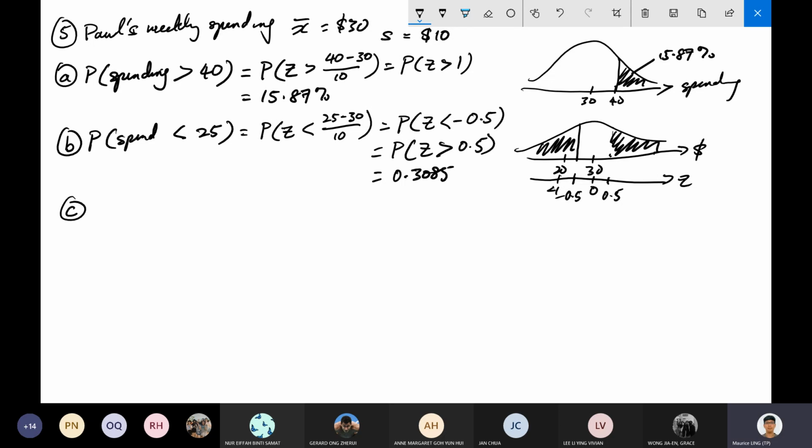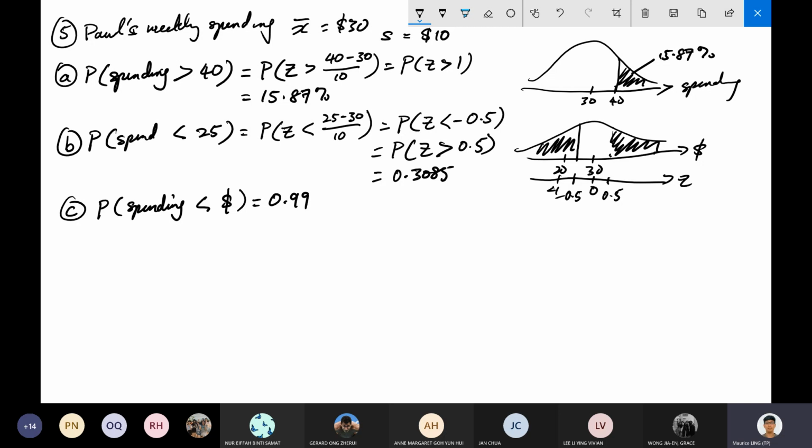Question C is then similar. What is the least amount that he needs to set aside so that he's 99% sure that he is going to have enough money? Okay, so same thing. What is the spending that he needs to set that will give you 0.99? Okay, so let's work this out.